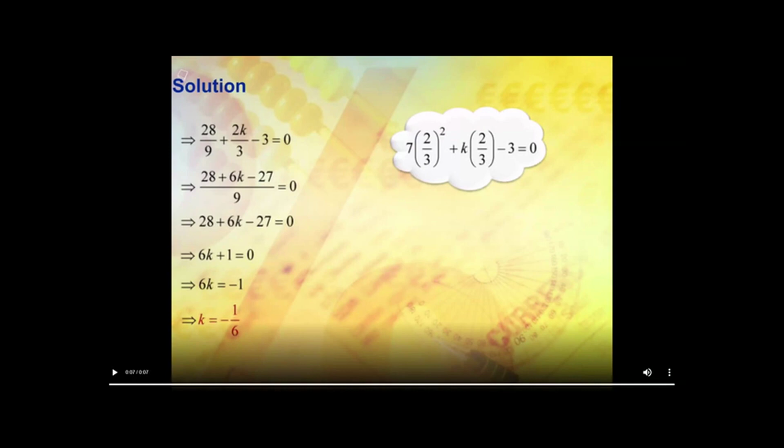How did you get minus 2 by 3? Take the LCM. 9 is the LCM. 28 plus 6k minus 27 equal to 0. 6k plus 1 equal to 0. 6k is minus 1. k is minus 1 by 6, not minus 2 by 3.